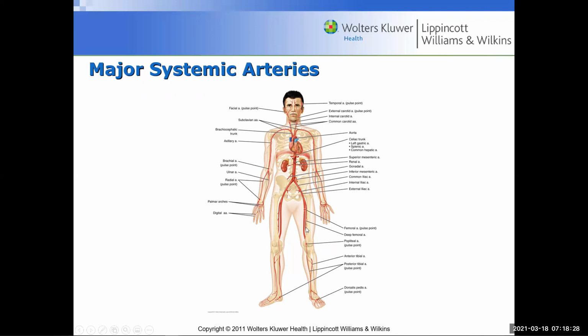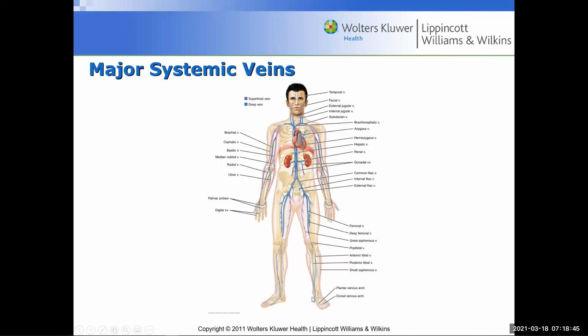You have the deep femoral artery, and coming down here, you have the posterior tibial, again named due to its proximity to the tibia itself, and the dorsalis pedis arteries down within the foot itself. This, of course, is also used as a pulse point.